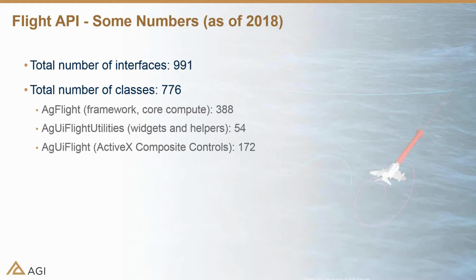But there are other interfaces that come along. And on top of those interfaces, we've built almost 800 different classes, and that encompasses not only computational or low-level framework types of functionality, but also a whole bunch of user interface functionality that enables you to build the exact same kinds of user interfaces that we build here at AGI.